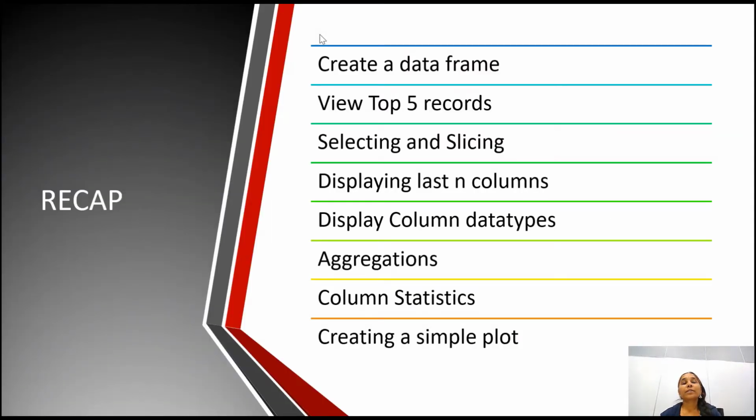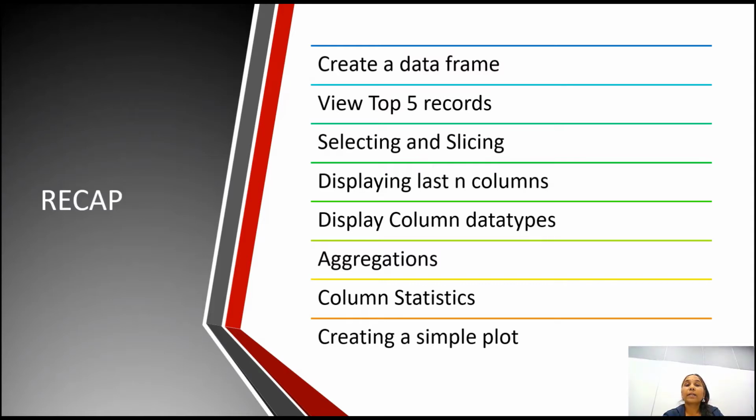So let us recap what we have covered. We have created a data frame using the read CSV function in pandas, and we have viewed the top 5 records using the head function, and the tail function was used to view the bottom 5 records, and also selecting and slicing.